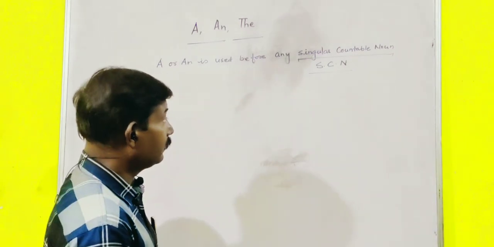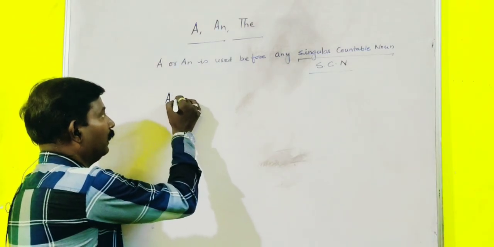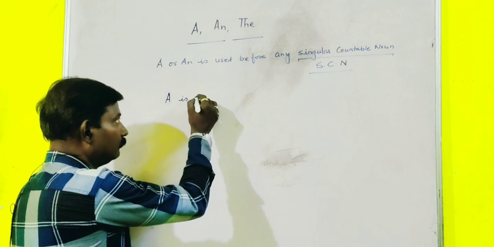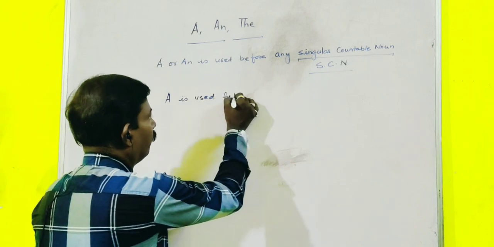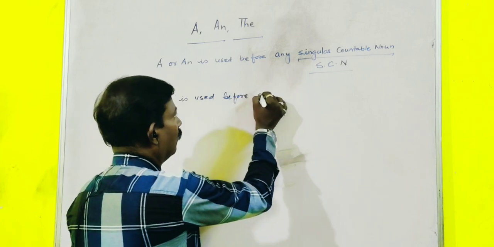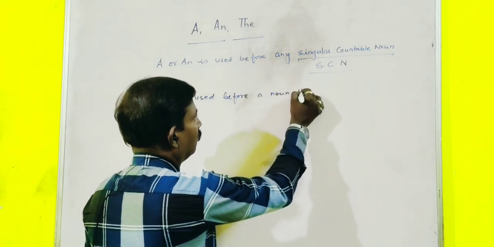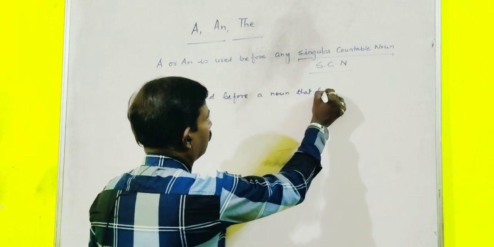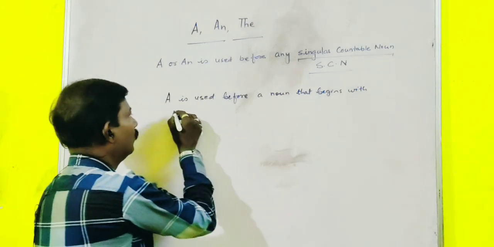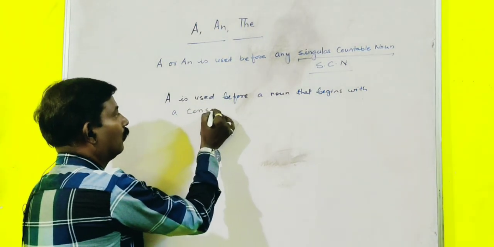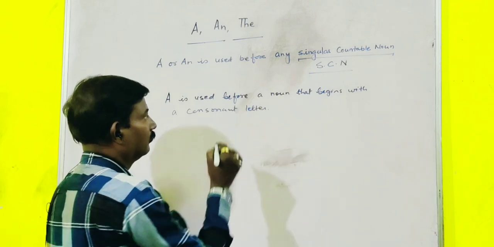Okay, the first condition is that most of the students are aware of. A is used before a noun that begins with a consonant letter.